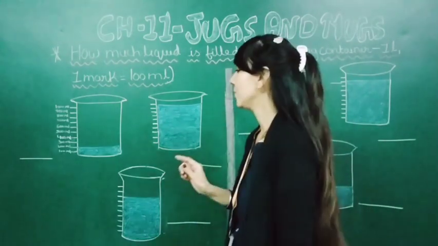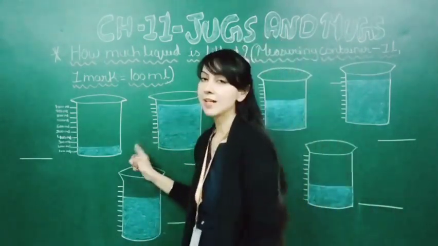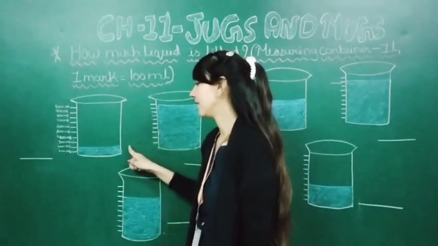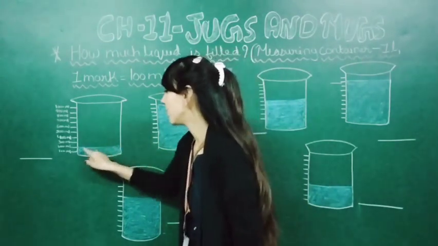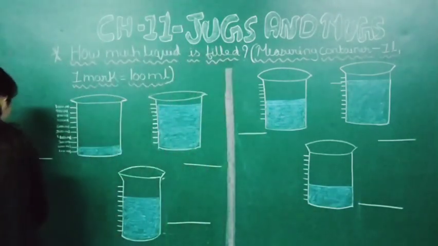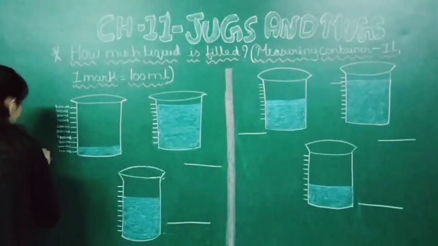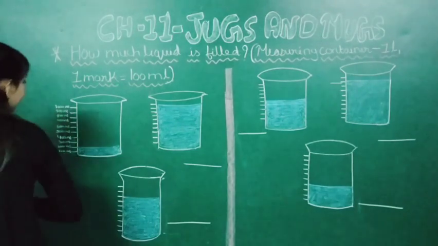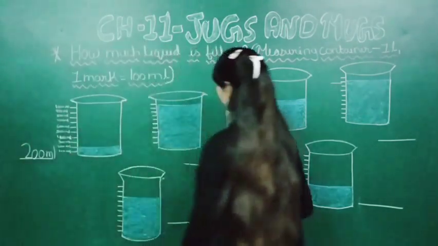Now here you can see in the very first container, water is filled till here. So here you can see 200 ml, so here we will write 200 ml. Yes. Now moving to the next container.